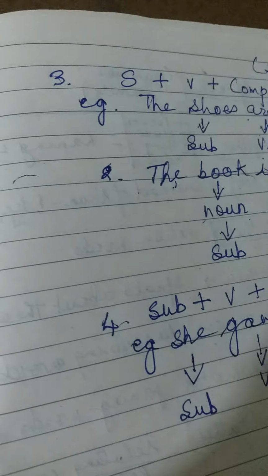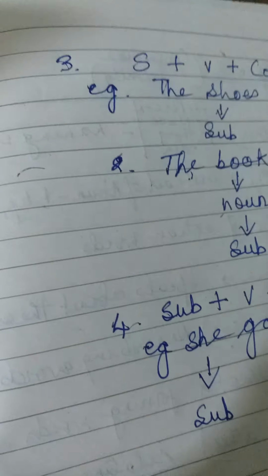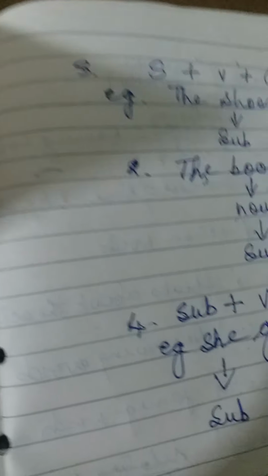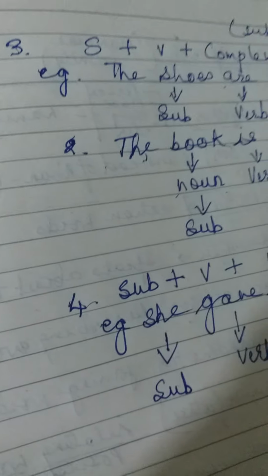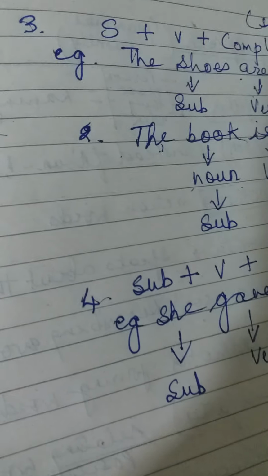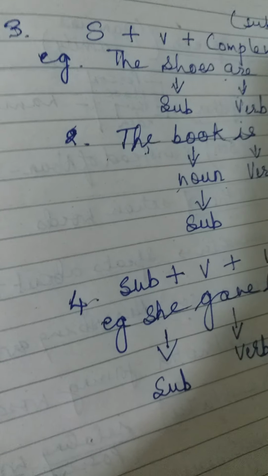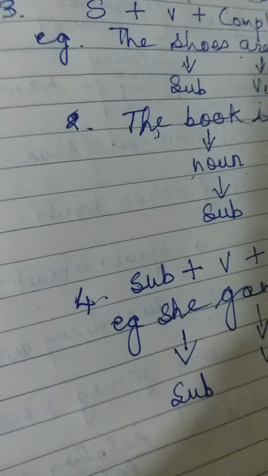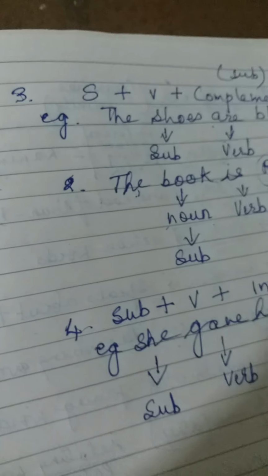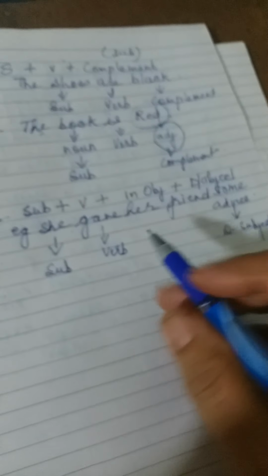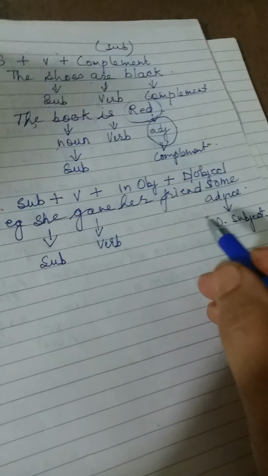What is the direct object here? The direct object is advice. See, even I could have said she gave advice. It can be a meaningful sentence. But if I say she gave her friend, is it a complete sentence? No. So she gave her friend some advice.